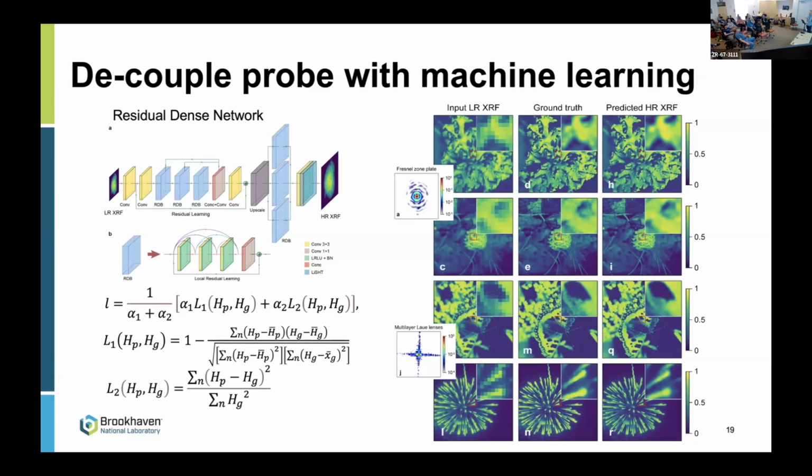And the simulation shows the network works pretty well. And I have to say here, this network is trained for one specific experimental condition. So let's say if you do another measurement with a different probe or using different scan steps, this network needs to be retrained for this new condition.